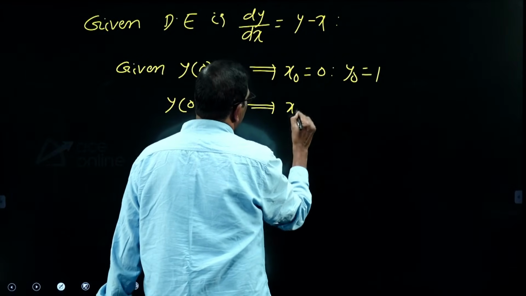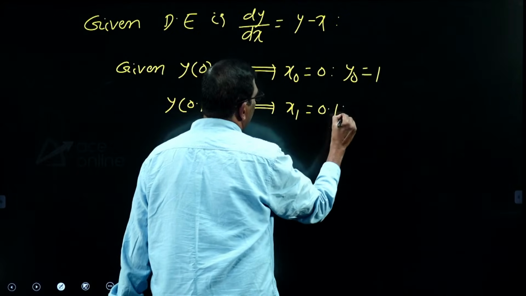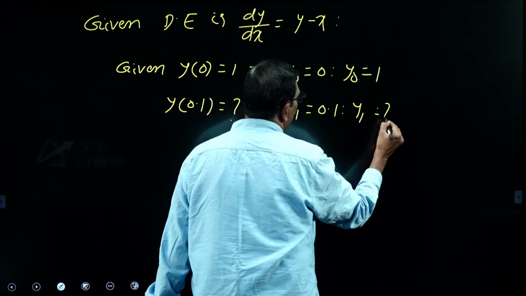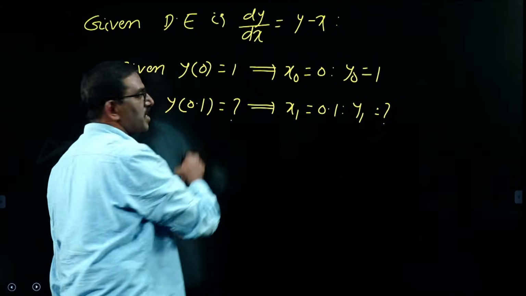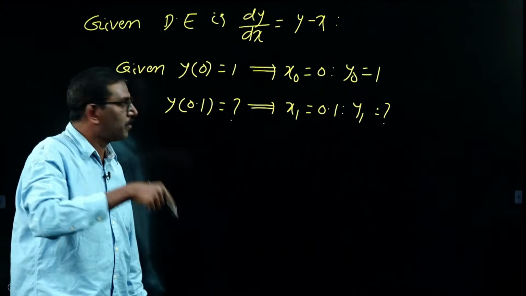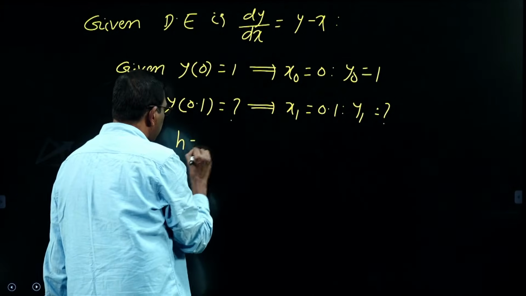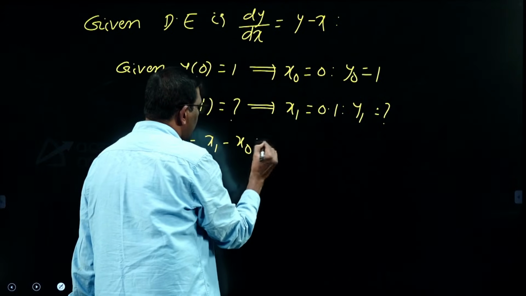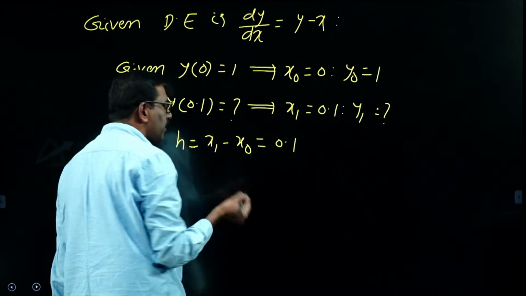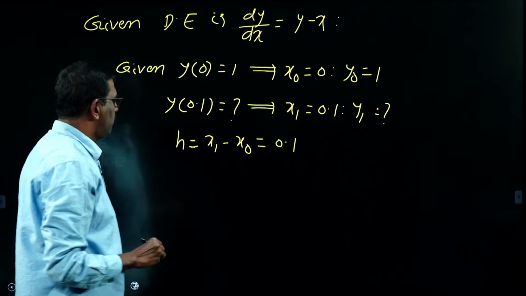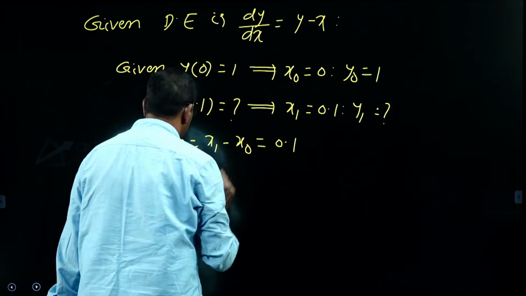So, that is x1 required. x1 is 0.1. y1 I have to find. What is h? h is not given separately, so you can take the gap between x1 and x0 as h. h is equal to x1 minus x0, that is 0.1. If they give h accordingly, I have to follow, but if h is not given, I am taking 0.1.